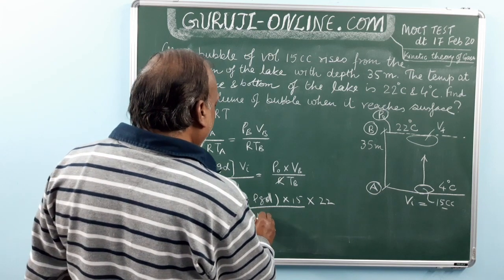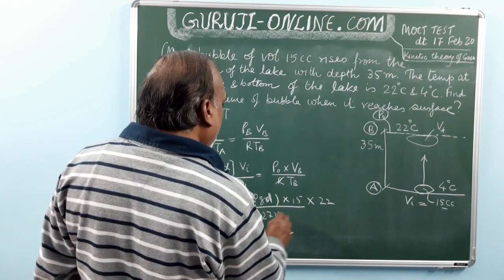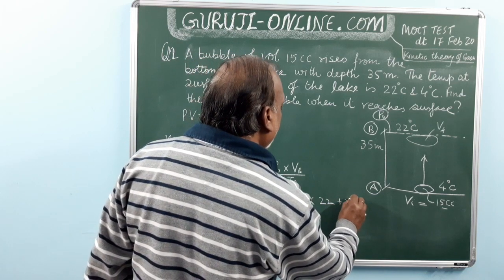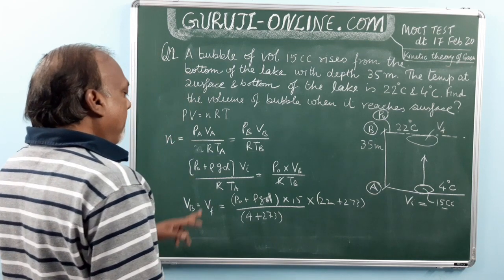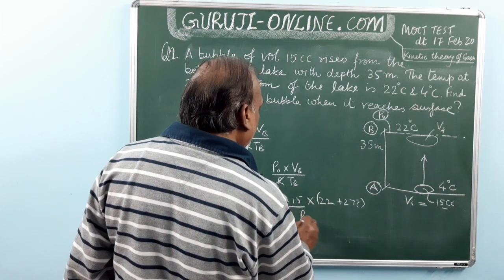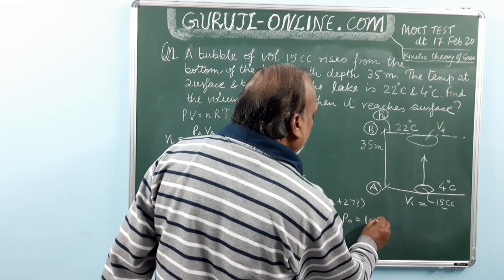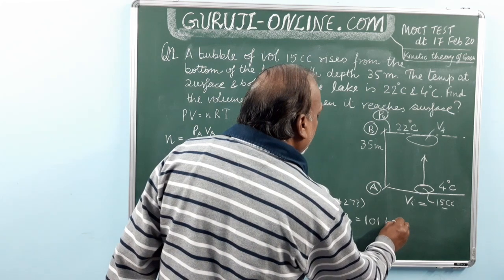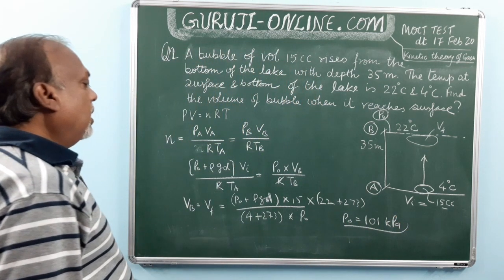We have to write this 273 plus 273 in Kelvin into P0. P0 is nothing but 101, that is atmospheric pressure.